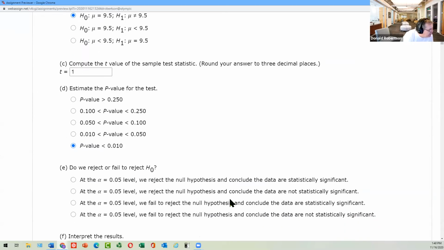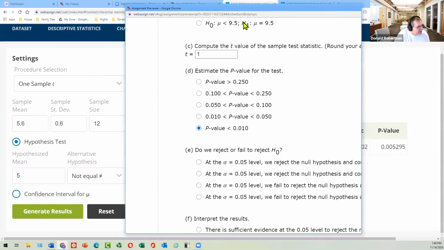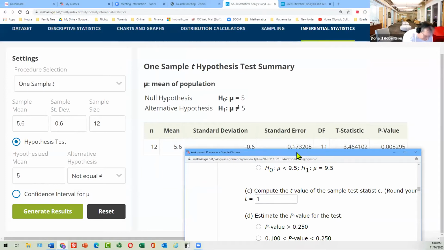Right, do we reject this fella? Is that p-value small enough to reject H naught? Is 0.005 less than 0.05? So the answer is yes.